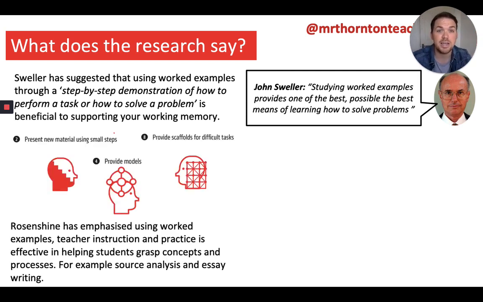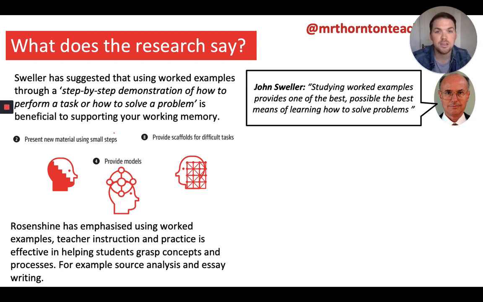Also Rosenshine, again, someone else who's really in favour at the moment, and the excellent work of Tom Sherrington to spread the word even more. As part of his principles of instruction, these 12 of them, he really emphasises using worked examples, by providing models through teacher instruction and also practice.